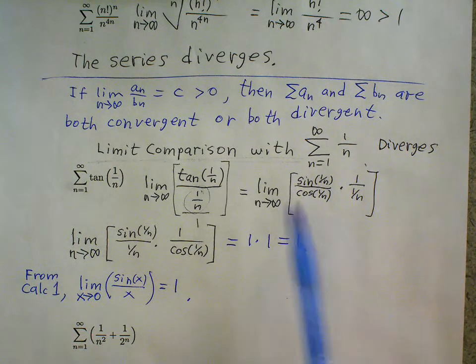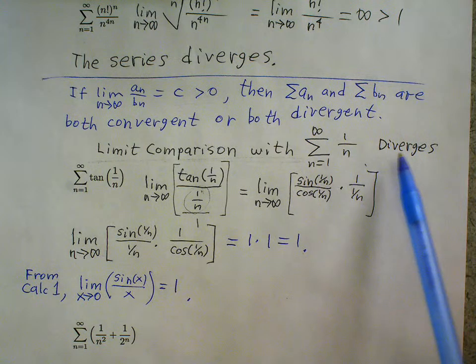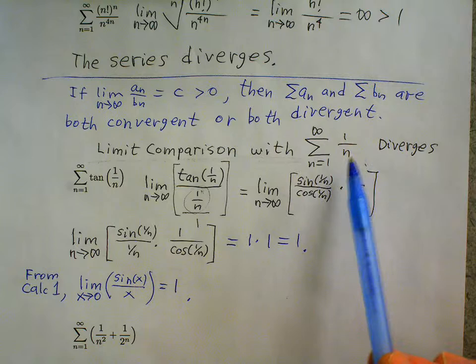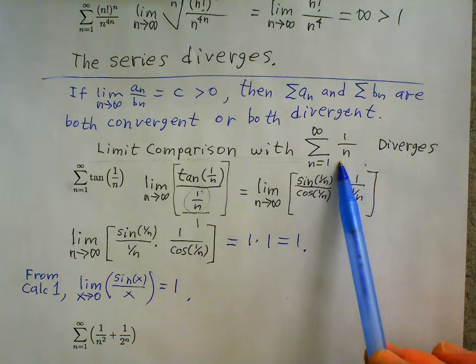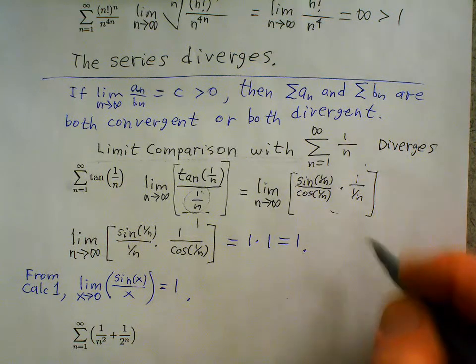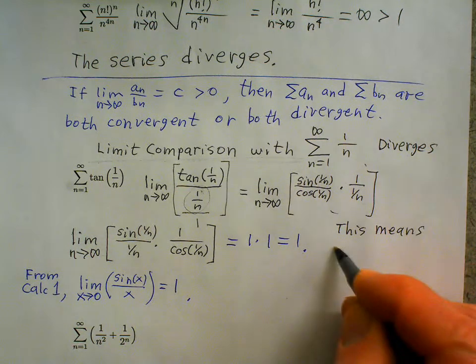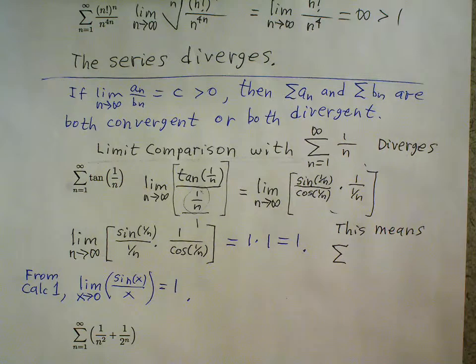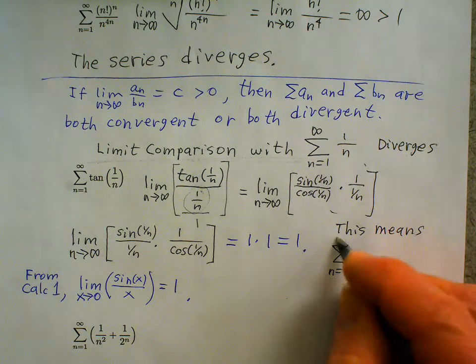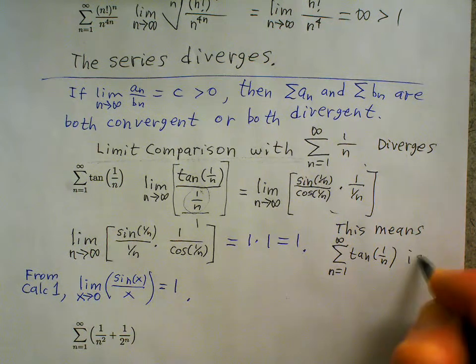Since 1 is a positive number, and we're using the limit comparison test, that means that both series diverge. Our series that we use to compare is the harmonic series. So that means the series that we're testing also diverges, or is divergent.